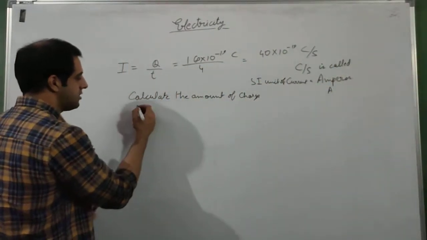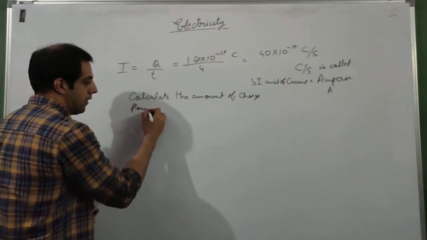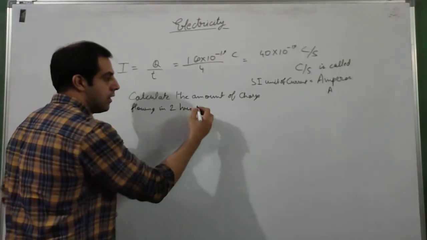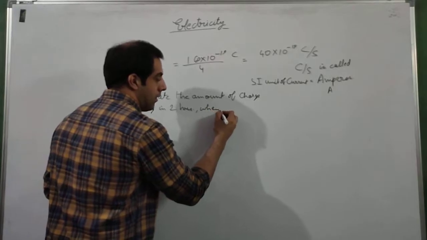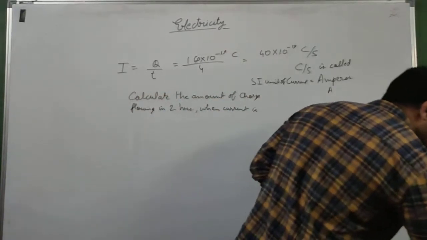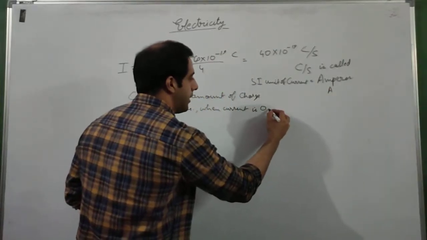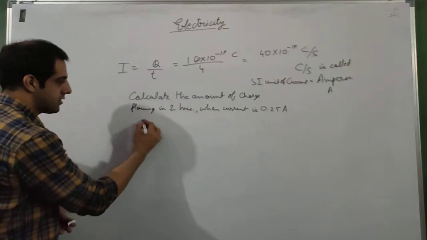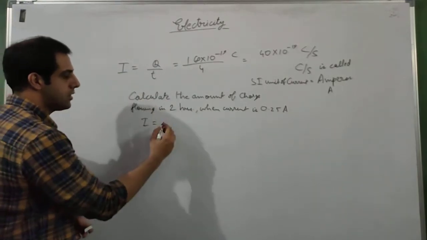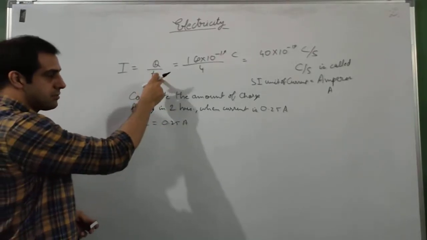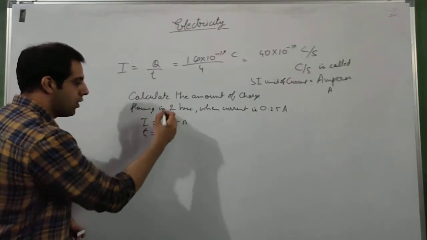Calculate the amount of charge flowing in 2 hours when the current is, how much is the current? Current is 0.25 ampere, it is given. So what is given to us? The value of current is given to us, 0.25 amperes. The value of time, it is flowing for 2 hours.